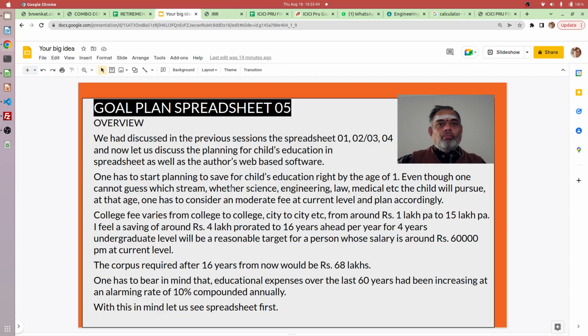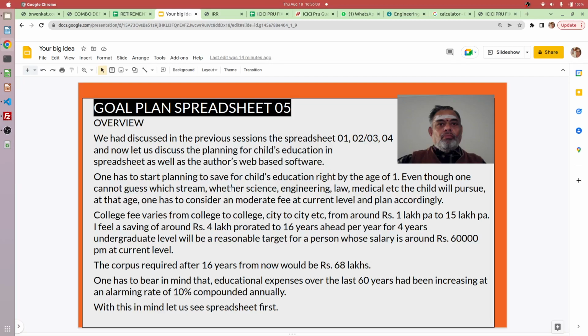That is 4 lakh per annum will be a reasonable target for a person whose salary is around rupees 60,000 per month at current level. The corpus required after 16 years from now would be around 68 lakhs.